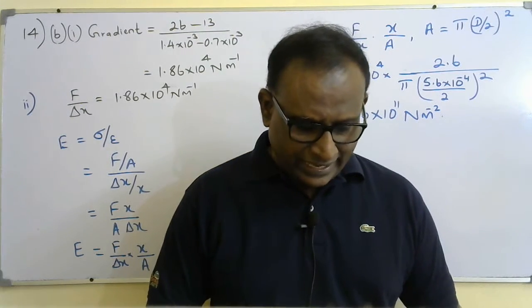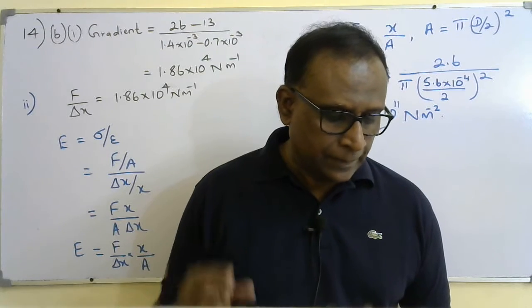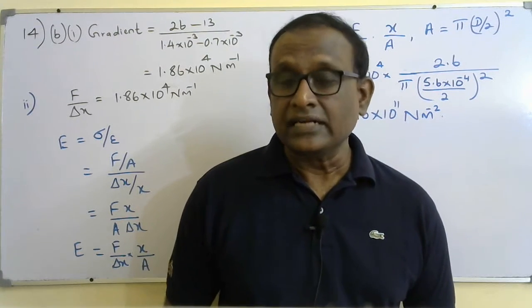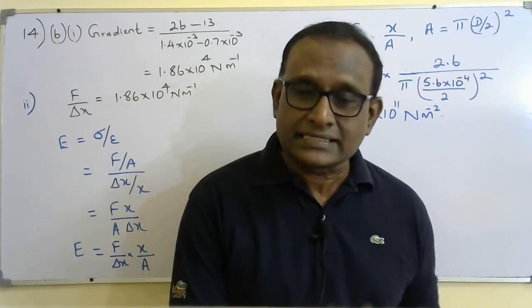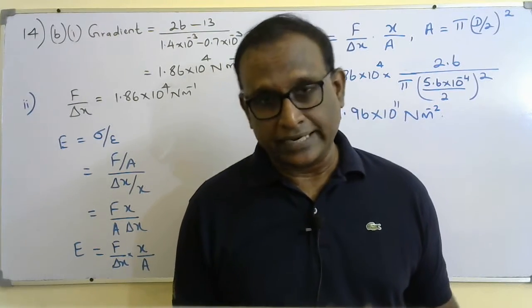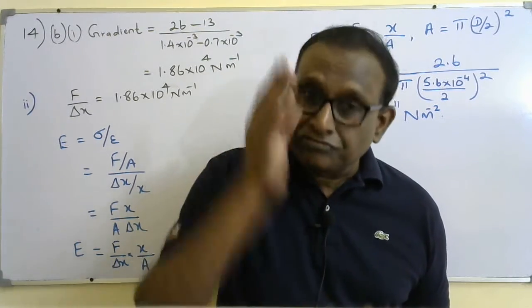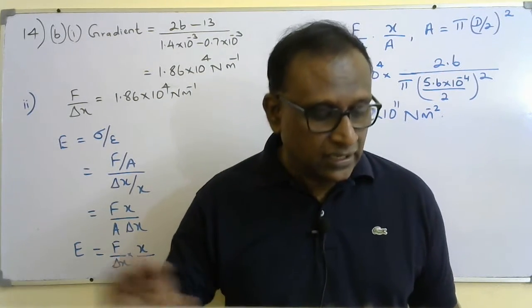We can do this in different ways. Since the breaking stress is given, I can find the breaking force, the maximum force that could be applied to the wire such that it is not breaking. Then I can compare the breaking force I calculated with the 100 Newton.